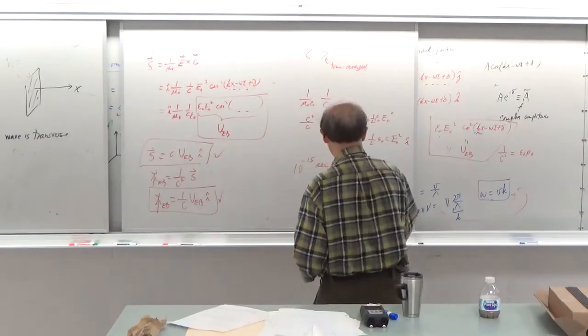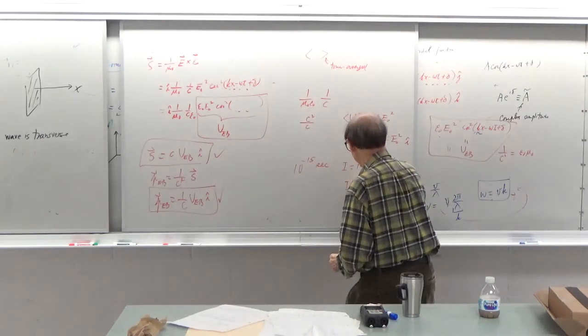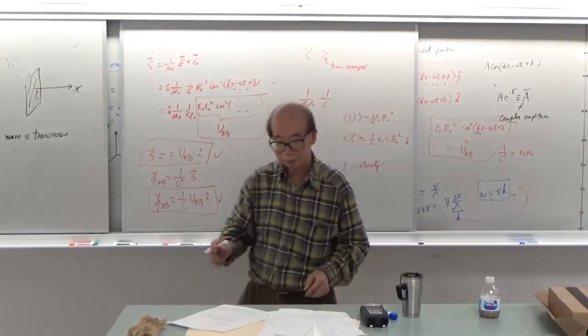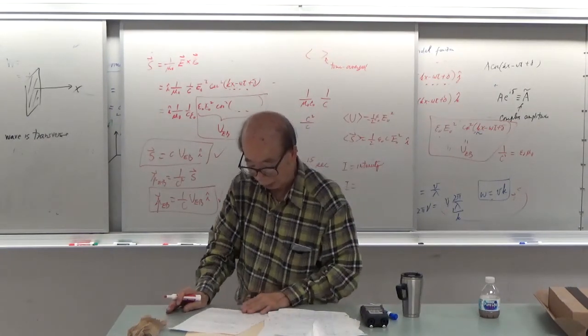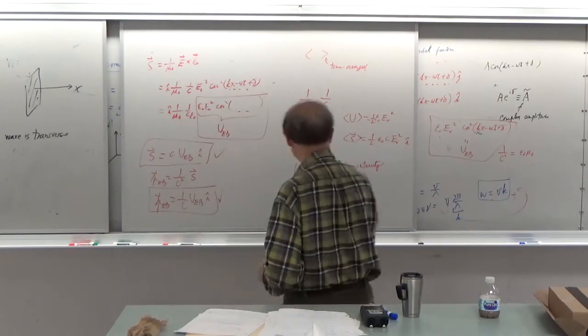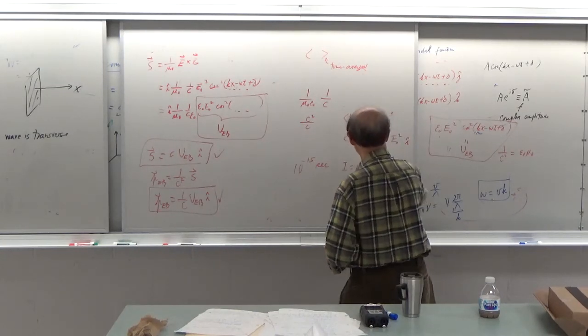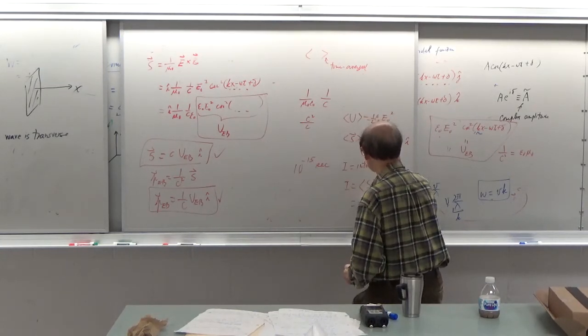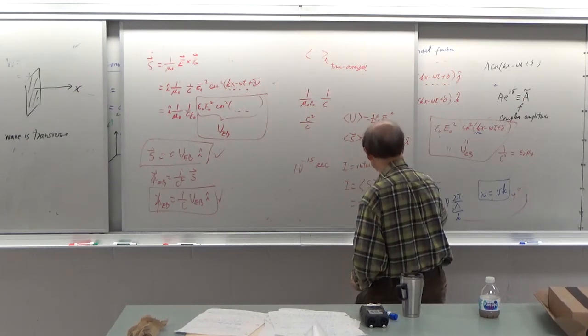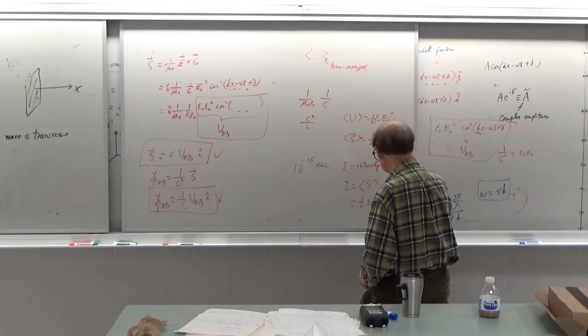So this intensity, of course, is nothing but the magnitude of the average Poynting vector. So this is equal to 1/2 epsilon naught c times the amplitude of the electric field E naught squared.